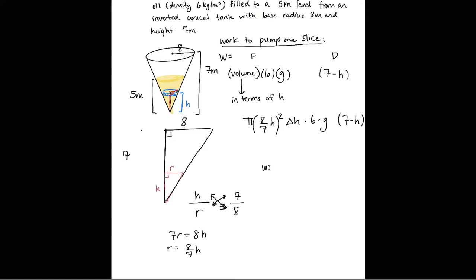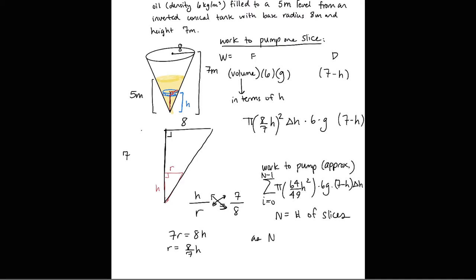So the work to pump is approximately going to be given by the sum of pi 64 over 49 h squared times 6g times 7 minus h times delta h, and we're indexing from 0 to n minus 1, where n is the number of slices.